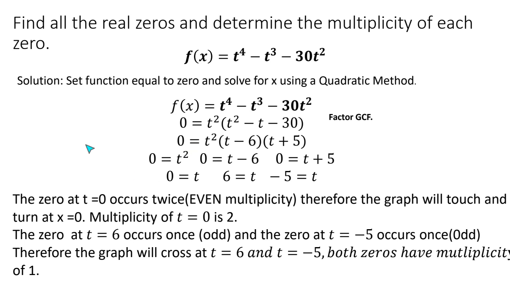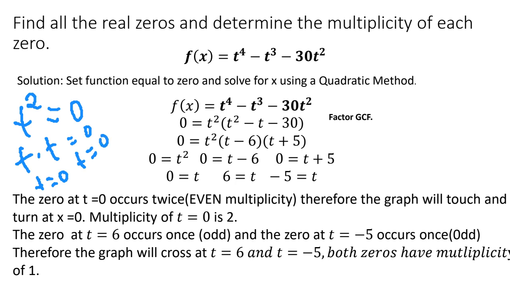Taking the square root, we actually get that 0 repeats twice. t squared equals 0 is the same as t times t, which means t equals 0 and t equals 0. So the 0 appears twice, and we say that it has an even multiplicity of 2. The other ones, 6 and -5, are both going to have an odd multiplicity because they only appear one time.